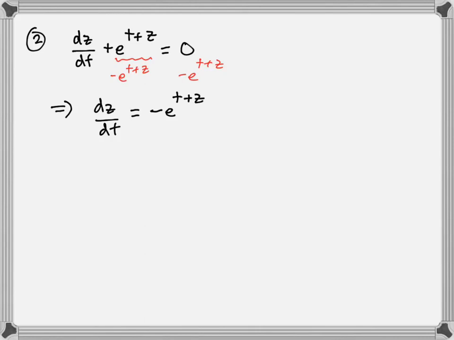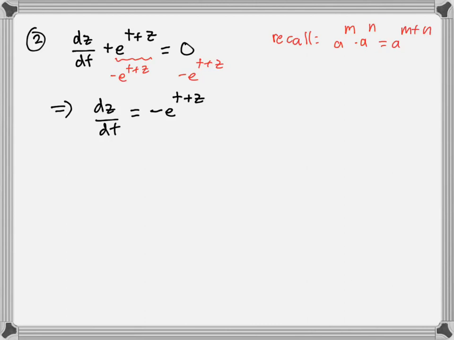Now, in order for us to separate this correctly, we need to remember a rule of exponents. e to the t plus z, let me write this rule over here. Let's recall that a to the m times a to the n is equal to a to the m plus n. This is a rule from algebra.